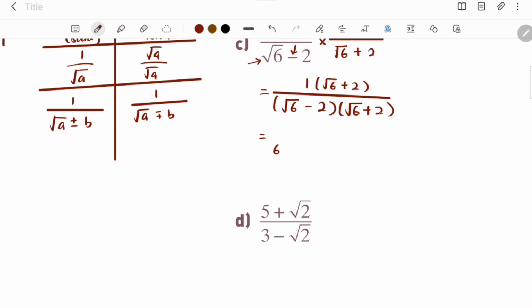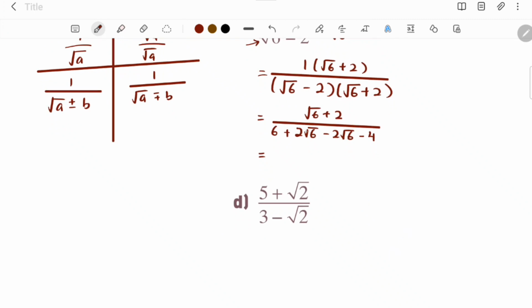And then surd 6 times 2, plus and minus. So this one is plus 2 surd 6 minus 2 surd 6. This one plus minus, cancels. And then 2 times 2 you get 4. So the bottom, you simplify it. So plus minus, this one cut. So 6 minus 4 you get 2. And then up here is surd 6 plus 2. So this will be your final answer.